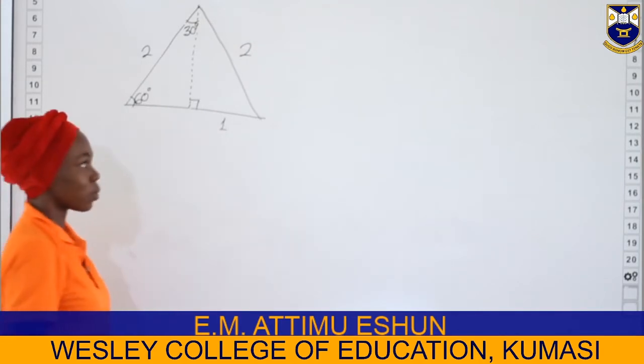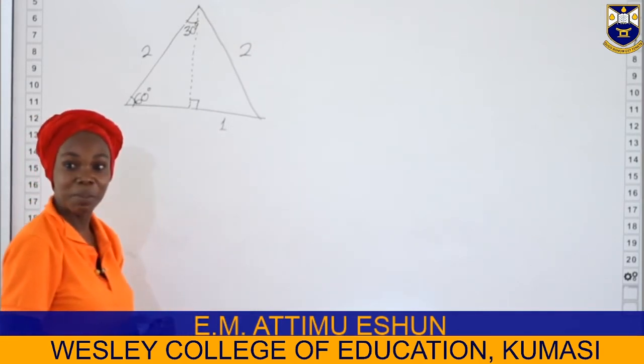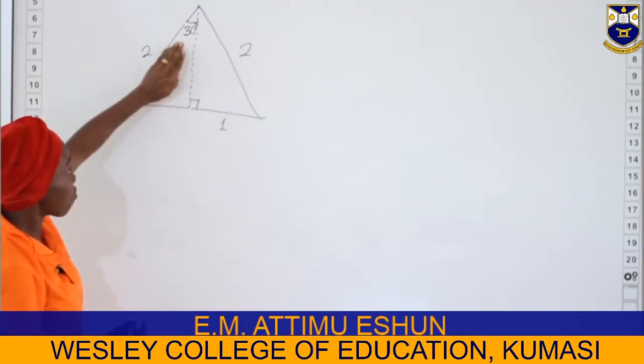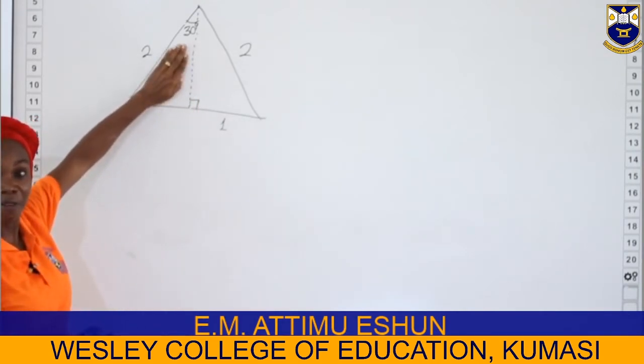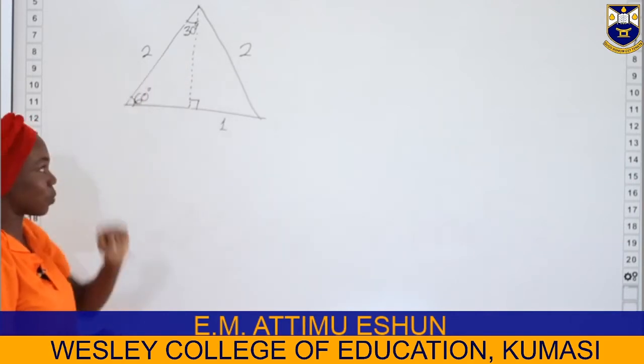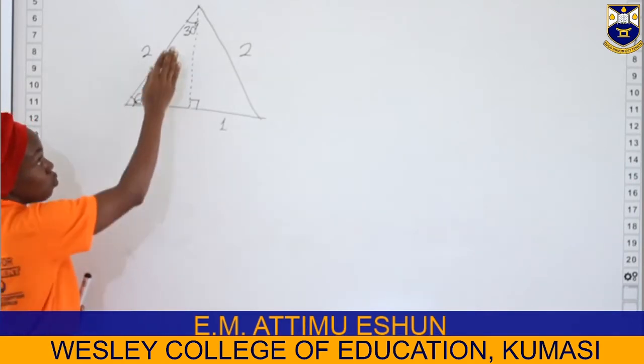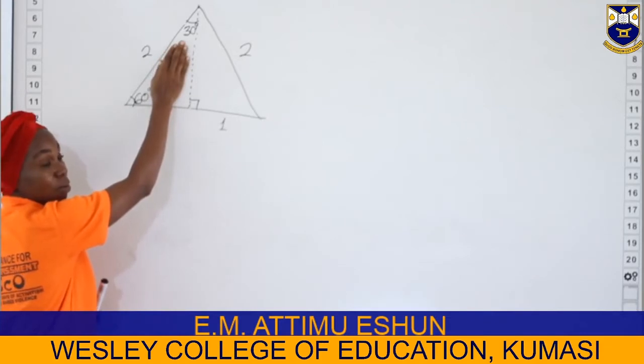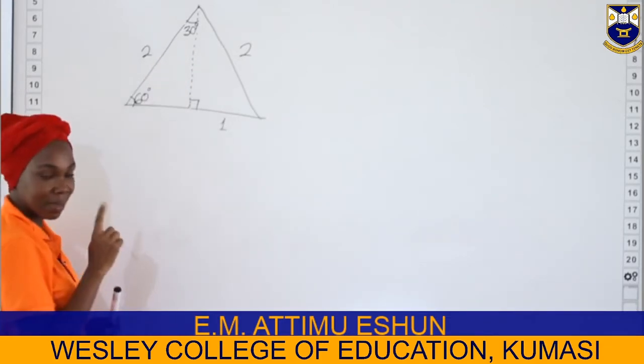Now with this, we can attempt to name the sides of half of the equilateral triangle, which happens to be a right angle triangle. So with reference to that right angle triangle, we can name the sides.